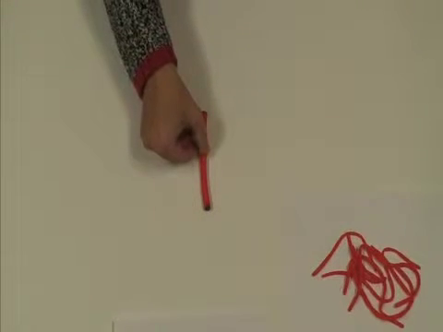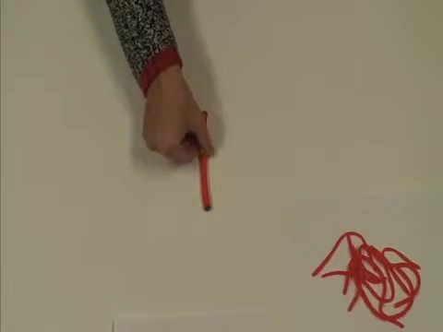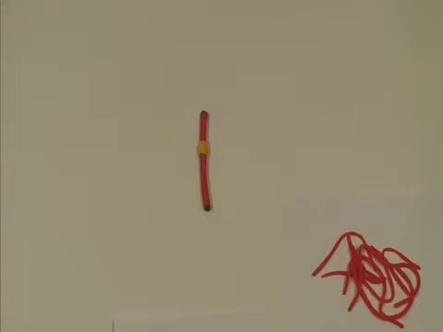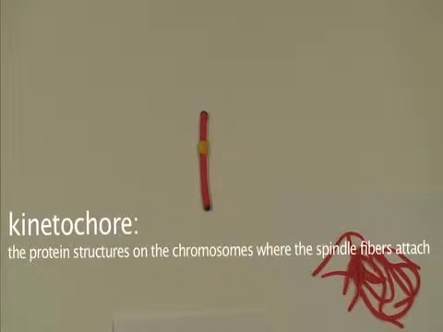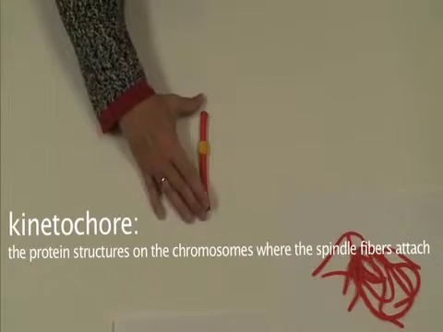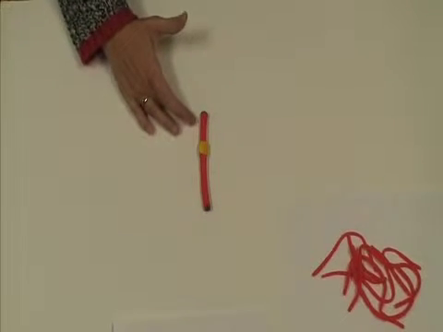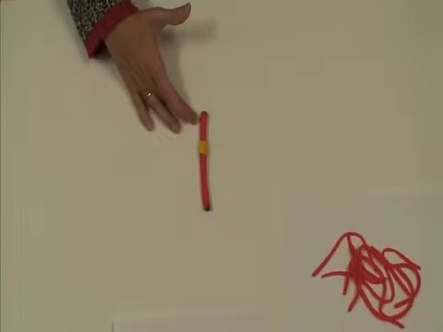And this is a condensed area of DNA, all right, to which the kinetochore will be attached. The kinetochore is very important because it's going to be necessary for cell division. This is unreplicated DNA. And so you never see a piece of unreplicated DNA condensed like this.